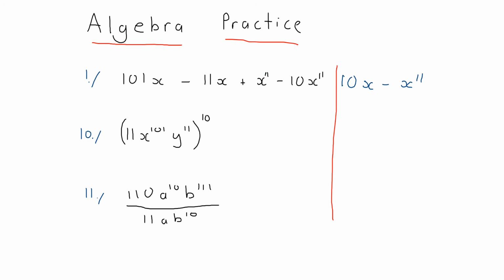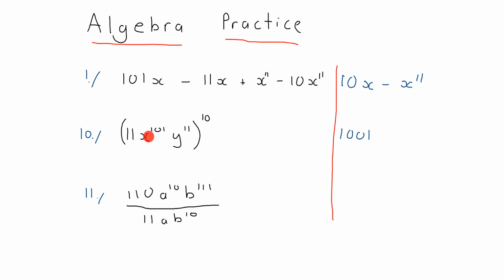Okay, next one, it's power. So we've done our powers as part of our index laws, so this is question 2. So I've got 3x to the power of 5 times y cubed, all squared. So just remember, we do 3 to the power of 2, so that's just 3 squared, which is of course going to be 9.